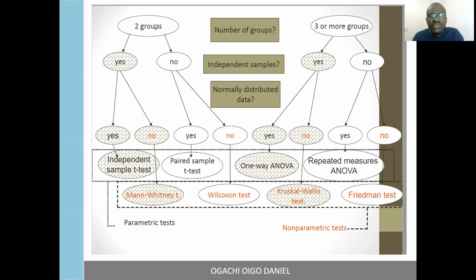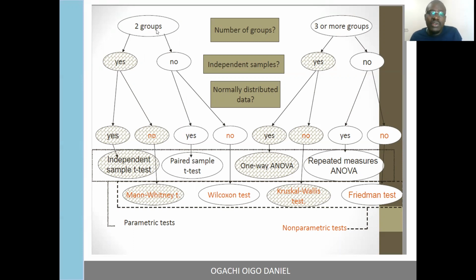If we have two groups where the samples are not independent and the data is normally distributed, we conduct what we call a paired sample t-test. So a paired sample t-test is conducted where we have two groups, the samples are not independent, but the data is normally distributed.